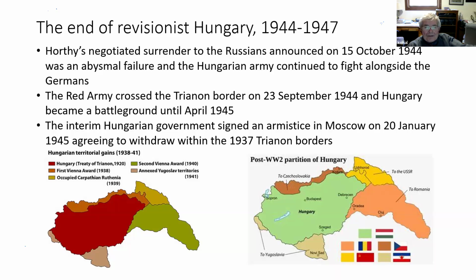So the little map on the lower right shows the different states that ended up back with the territory that Hungary acquired prior to World War II. The only change was that Carpatho-Ukraine was ceded over to the Soviet Union by the Czechs.